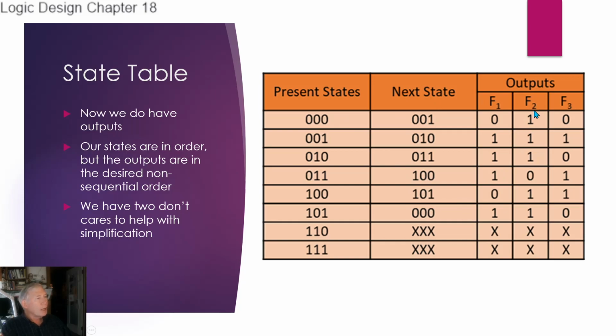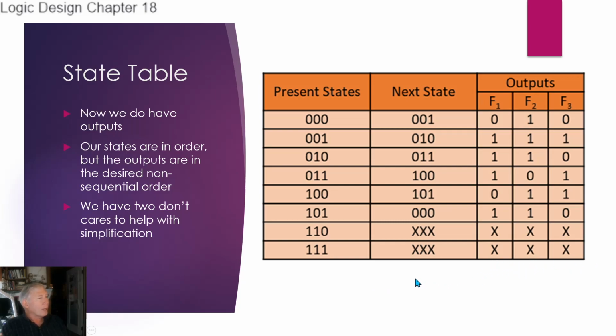So now our non-sequential counter has an output matrix, which we didn't have before. We just let our flip-flop states be our de facto outputs without any real outputs. But in this case, we have no input. We have a clock, but we have real outputs now. We have an output matrix.